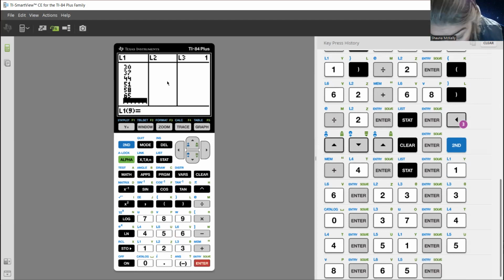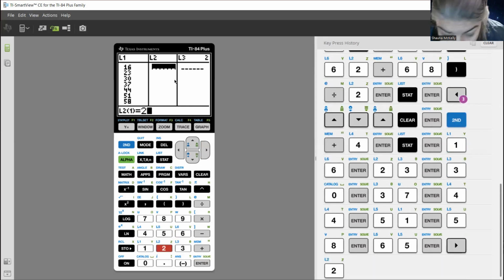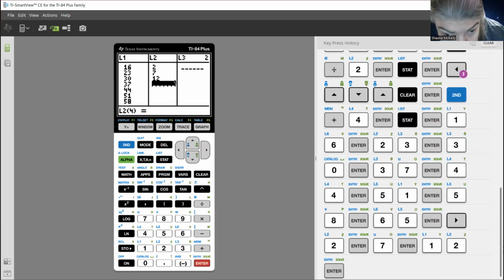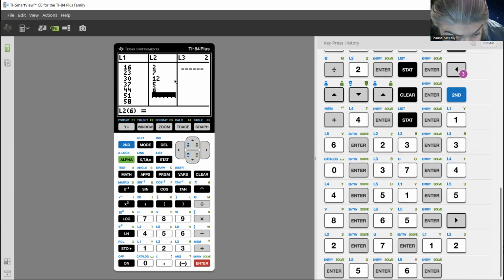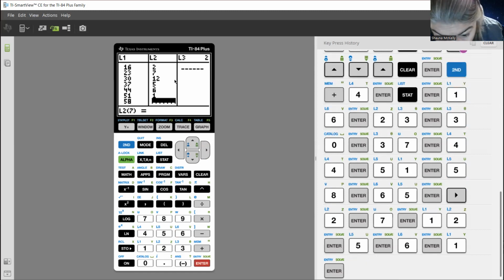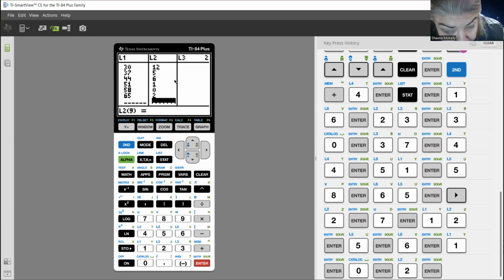That's my midpoints. And to get my frequencies, I have 2, I have a 7, 12, 5, 6, 1, 0, and 2. So there they are.